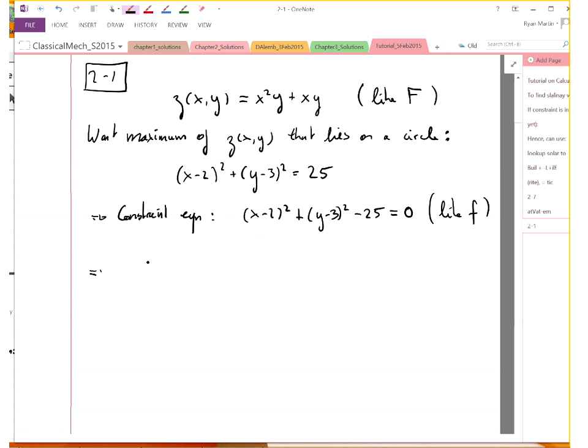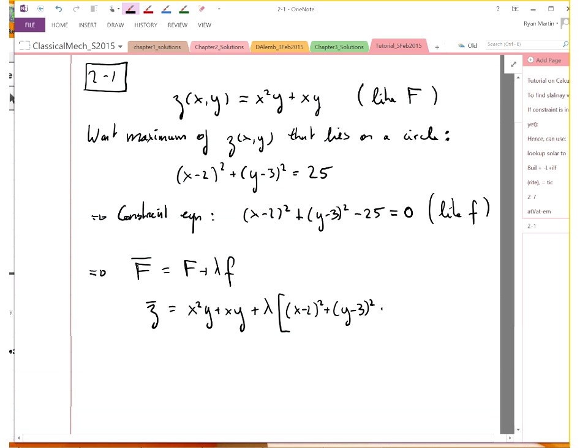And so you solve this by building F bar, which is capital F plus lambda lowercase f. So maybe let's call that z bar. So that's going to be z, which is x squared y plus xy, and then plus lambda times our constraint equation, which is (x - 2)^2 + (y - 3)^2 - 25.